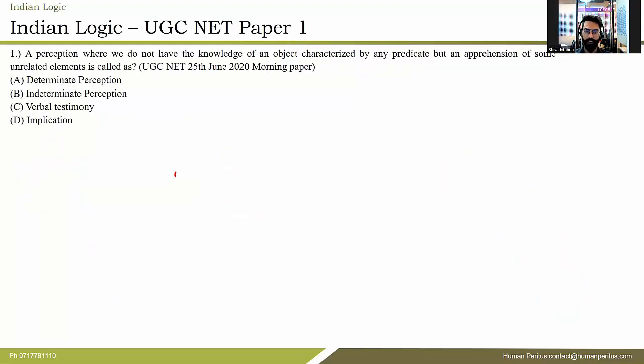The first question says: a perception where we do not have knowledge of an object characterized by any predicate, but an apprehension of unrelated elements, is known as what? Just based upon the options given, there is something which you can do.